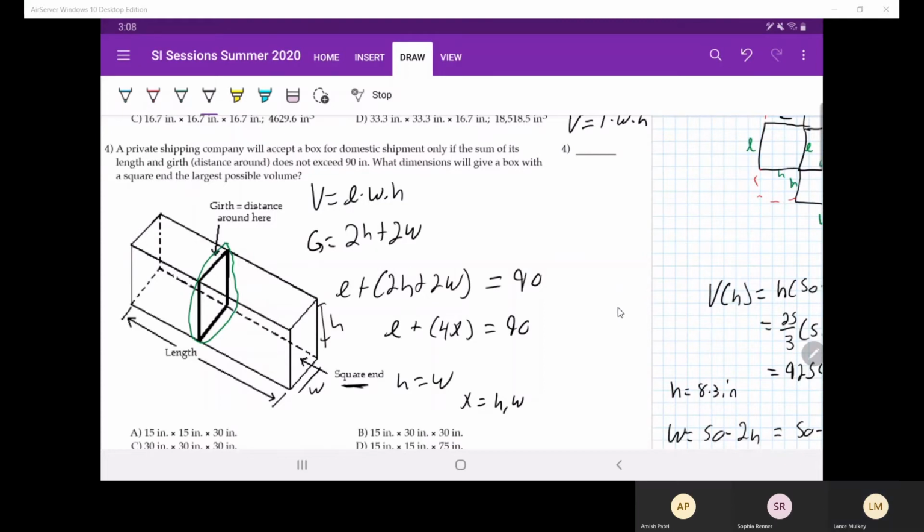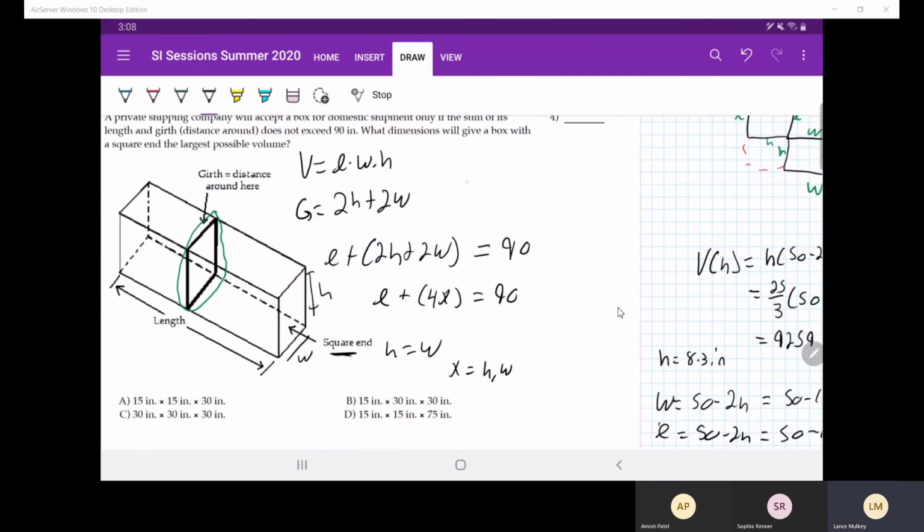Okay. So length equals, so we're just gonna go this, length equals 90 minus 4x.